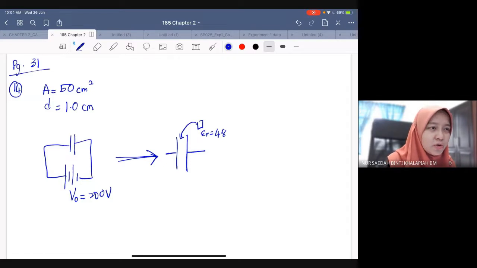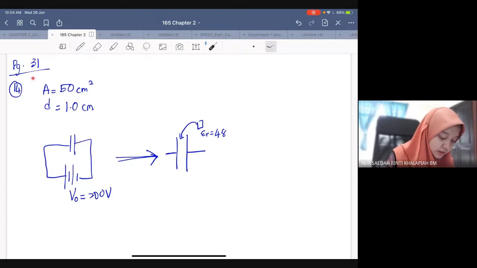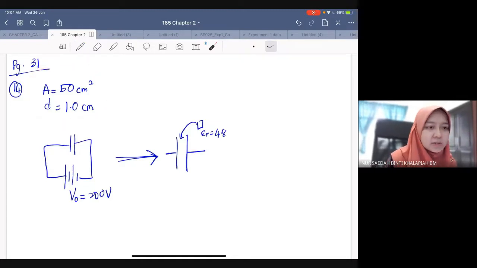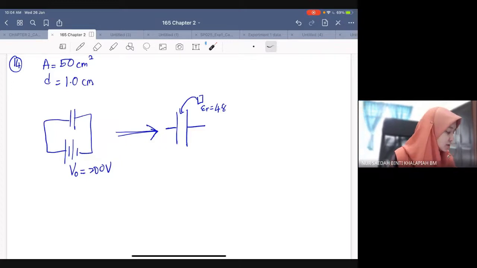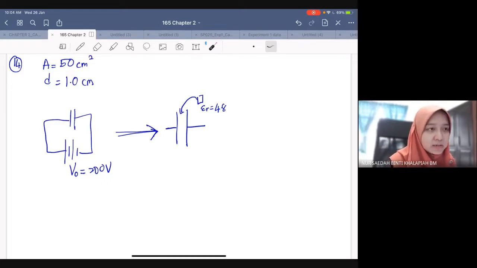Okay, so macam mana nak cari capacitance? Apa formulanya? Kita ada A dengan d. Apa formulanya tadi yang madam cakap? Boleh refer kepada lecture notes ataupun refer kepada formula yang dibekalkan. Formula untuk subtopik ketiga ni daripada nombor 17 sehingga 19.